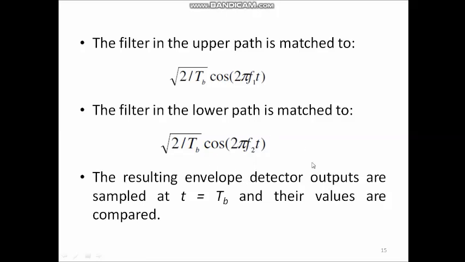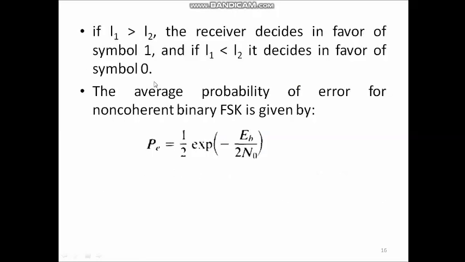The resulting envelope detector outputs are sampled at t equal to Tb, and their values are compared. Based on the values, the decision is made: if L1 is greater than L2, the receiver decides in favor of symbol 1, and if L1 is less than L2, it decides in favor of symbol 0.